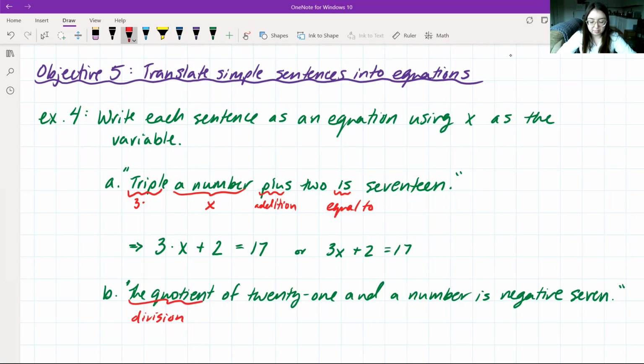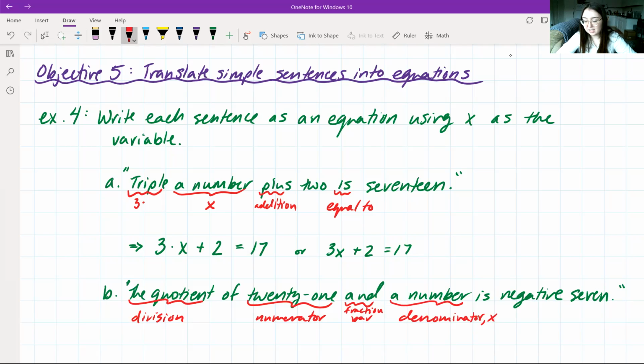Our first term being the quotient of 21, so 21 is our numerator. And a number. So that and is our fraction bar. A number is our denominator, which we know is x, since we're using x as a variable.